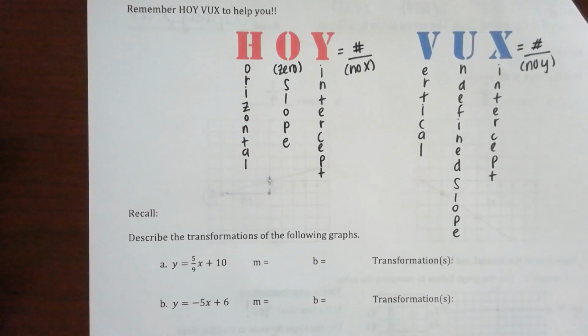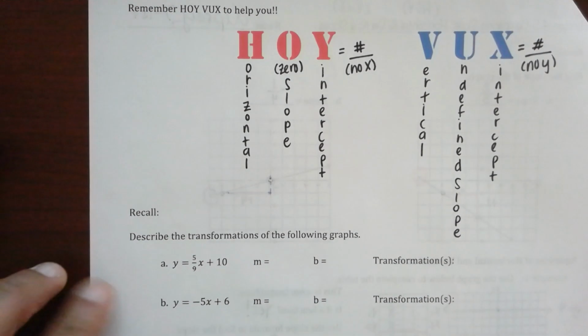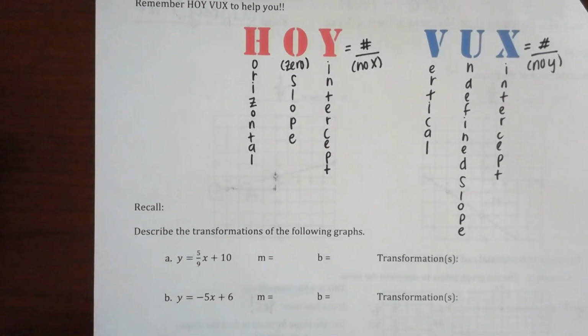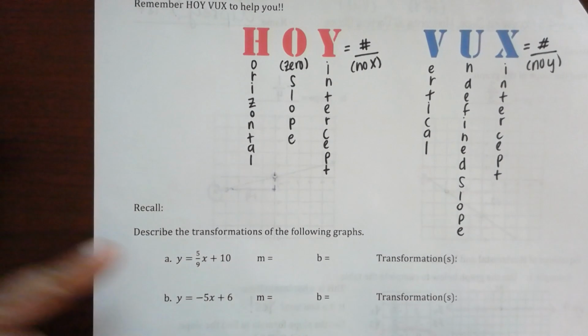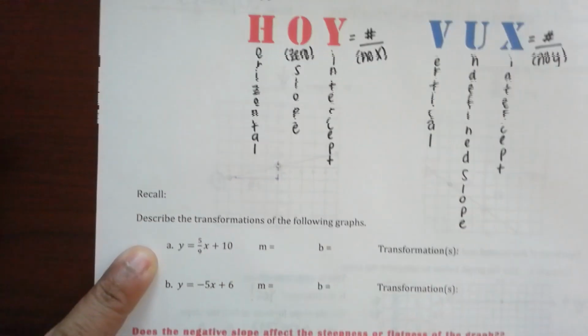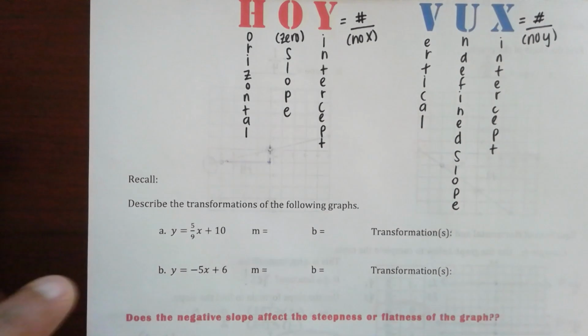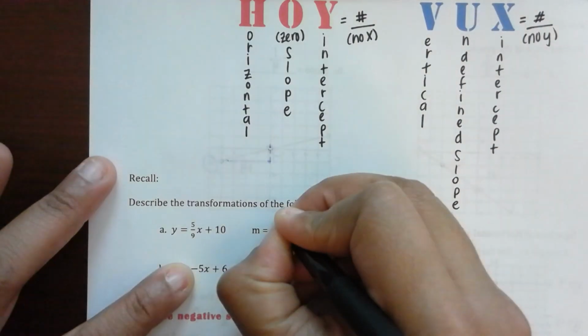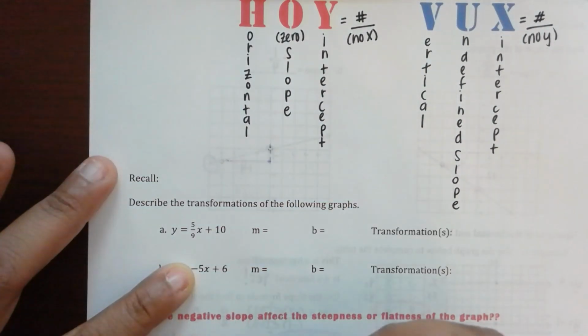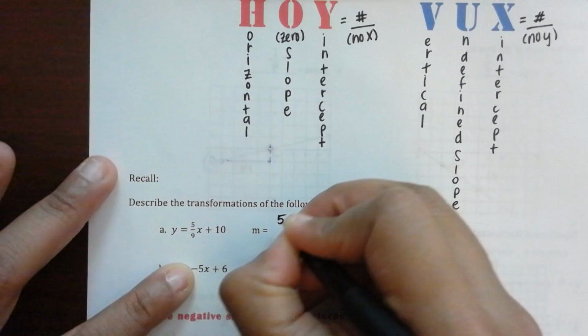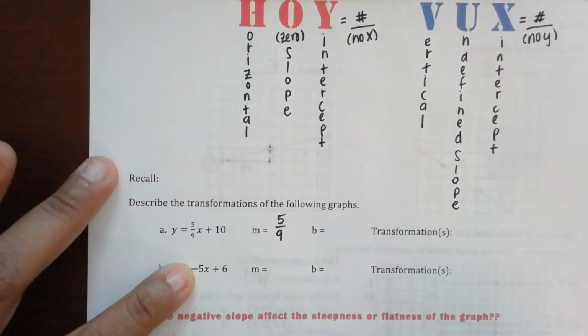We good? Any questions there? So we did transformations, right? We talked about those. How many transformations are happening in A? 2. What's my slope? 5 over 9. What's my y-intercept?